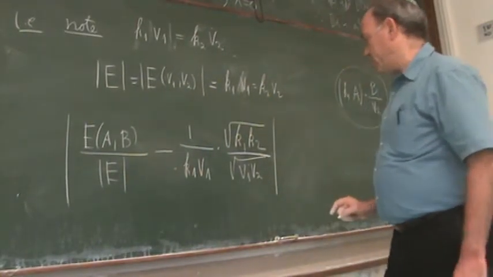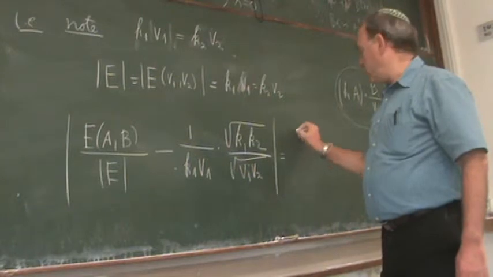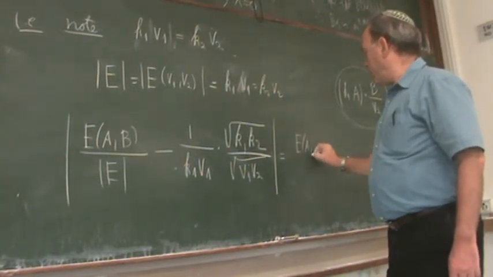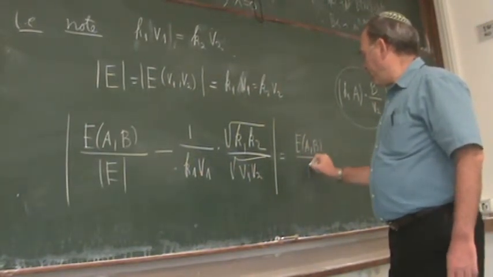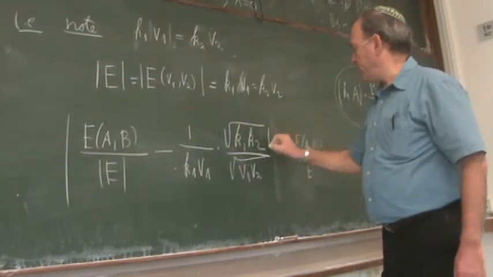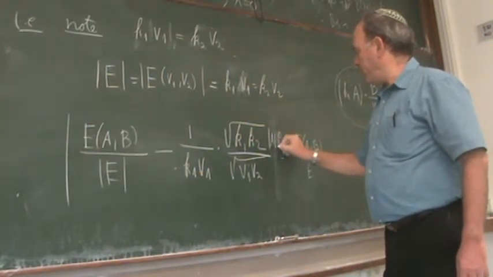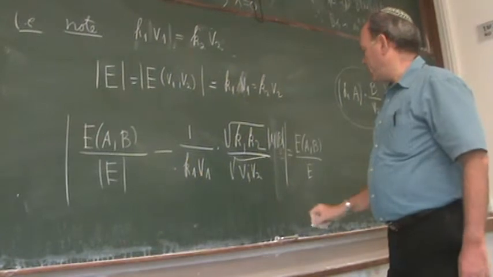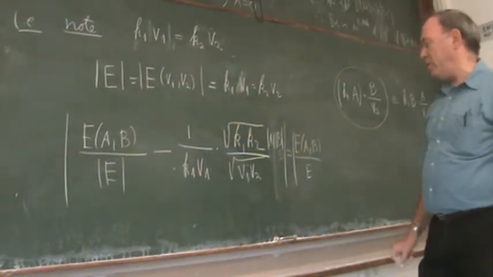So let's see, what is this? I forgot A and B. So this is the same as E_AB over E.